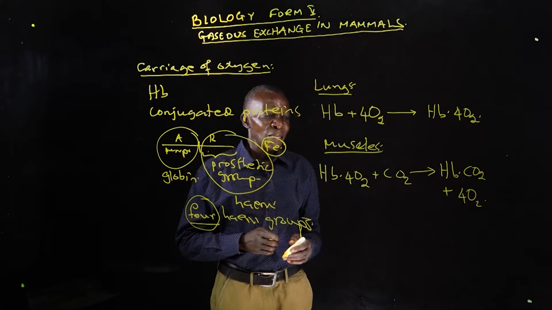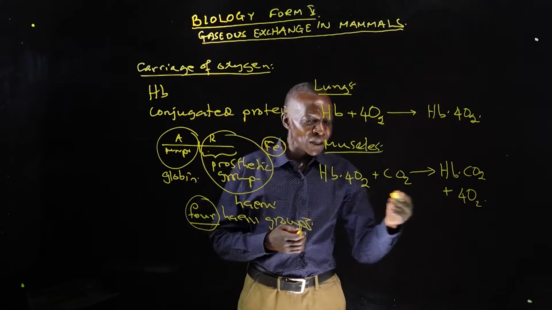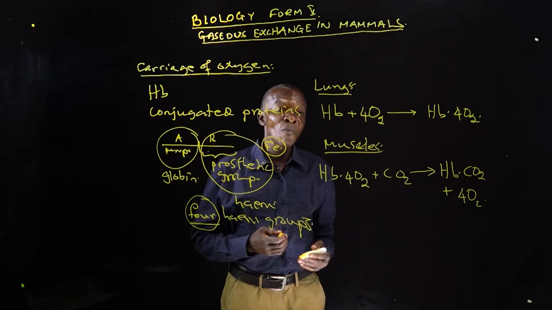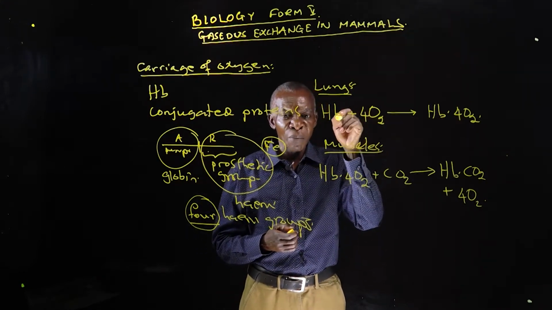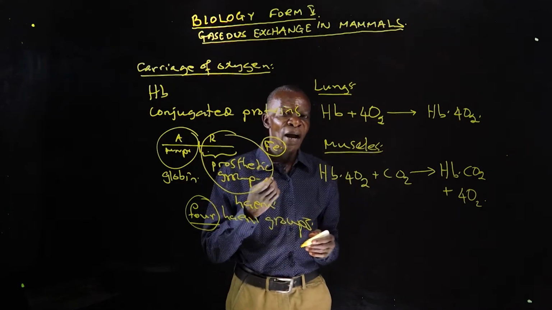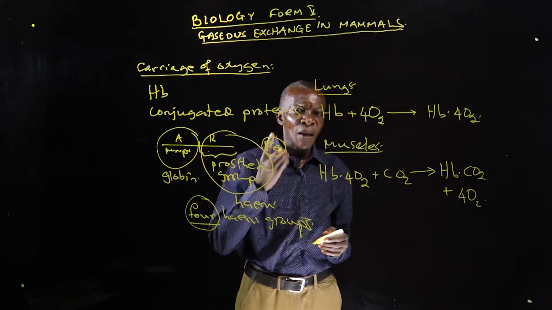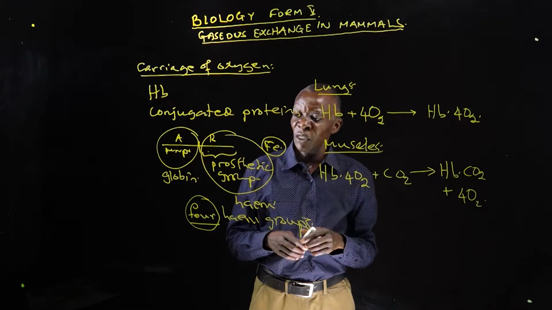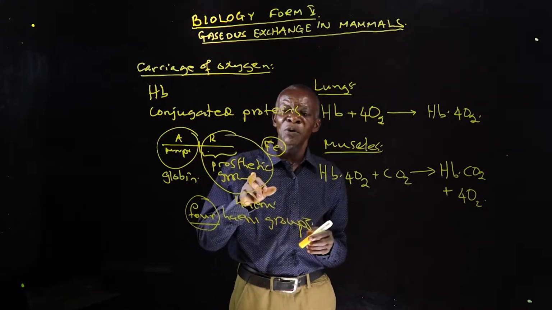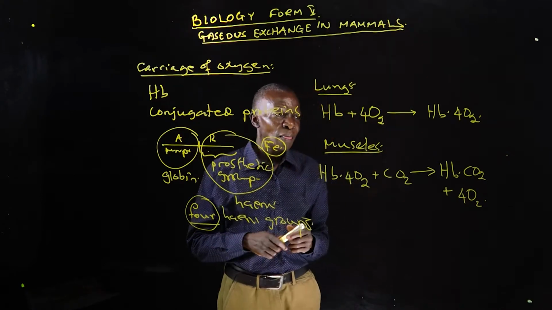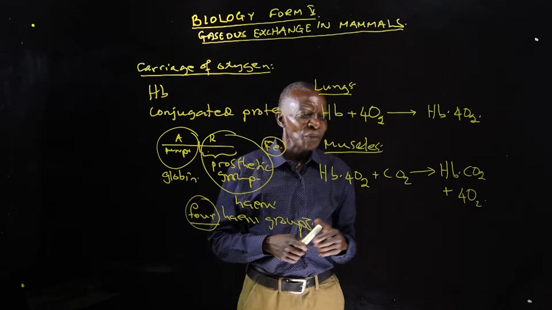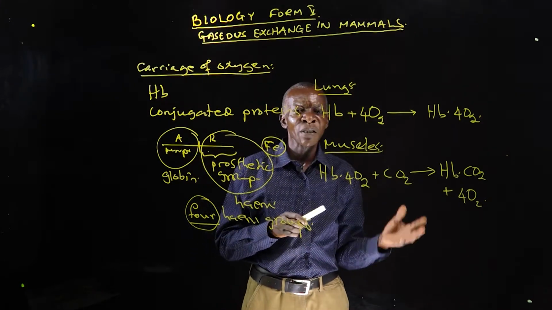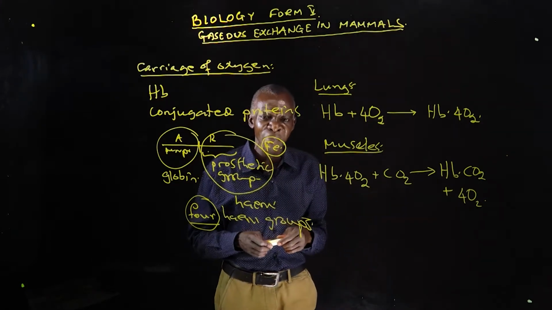But remember that, as we are going to see, oxygen, we have seen, is combining with hemoglobin at a point where iron is. So the point of oxygen transportation is on the prosthetic group, the heme group. However, carbon dioxide, when combining with the hemoglobin, does not take the same position as that taken by oxygen.